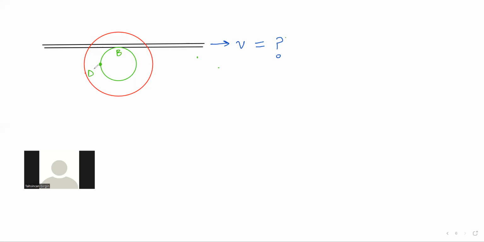This is my velocity. This is my center A. And the question says, what if this fellow is rotating nice and beautiful on a ground? Are you getting my point? And the ground is like this.